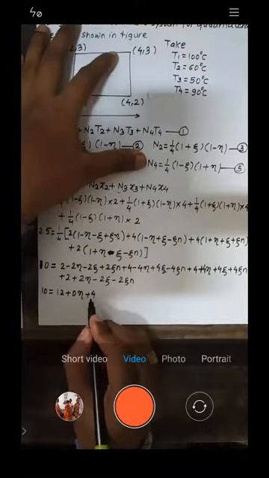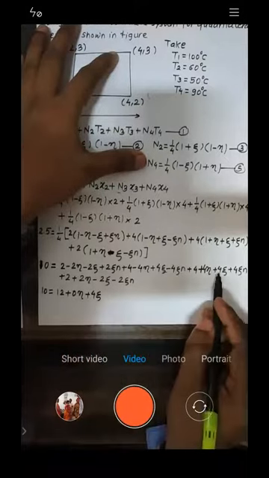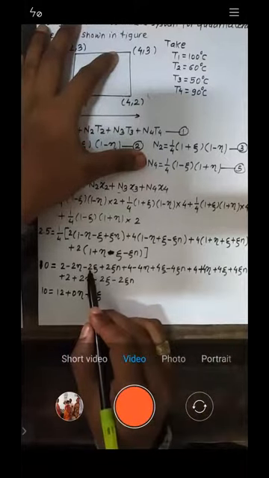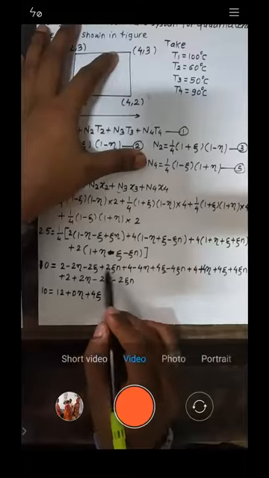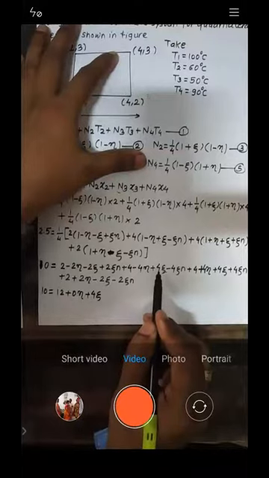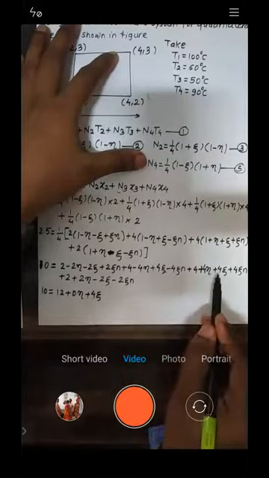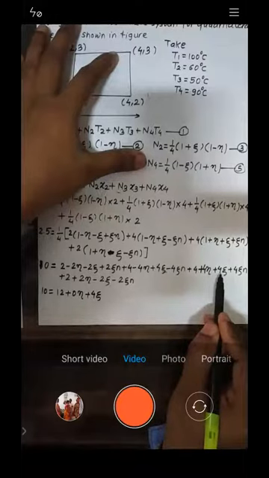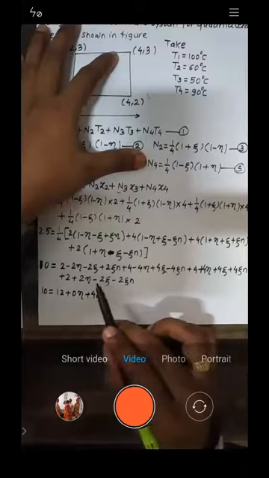See all of here, minus 2, here it is minus 2, minus 2 and plus 4, that is 2, and this is 4. 2 and 4 is 6. 6 minus 2, that is plus 4, right?